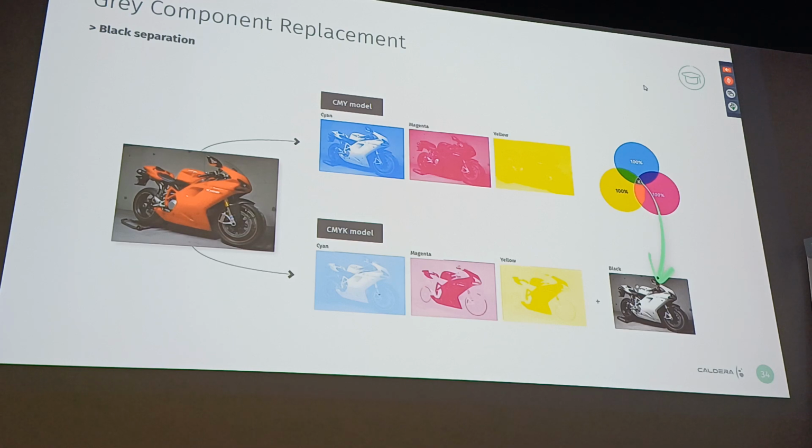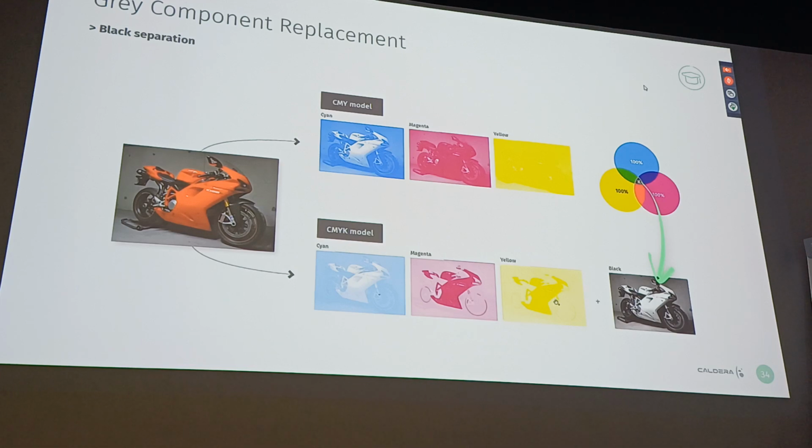This will give you a perfect black in theory, but you know that it's never the case. You will get a brownish and gray color, which is not good at all. So that's why we add the black color in the print industry. And on the other hand, by adding black, you will save a lot on cyan, magenta, and yellow.